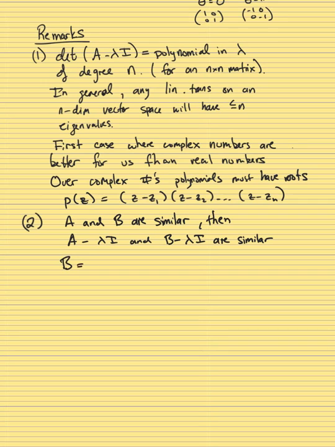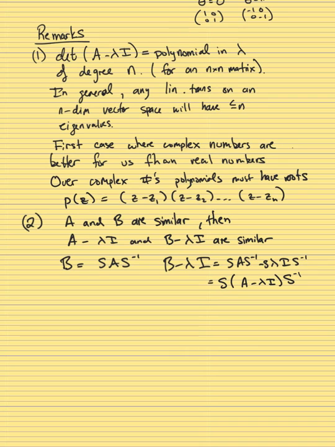If B is equal to SAS inverse, then B minus lambda I is SAS inverse minus lambda, put this here, S lambda I S inverse. This is just S times A minus lambda I times S inverse. So distributing out the S inverse and the S.